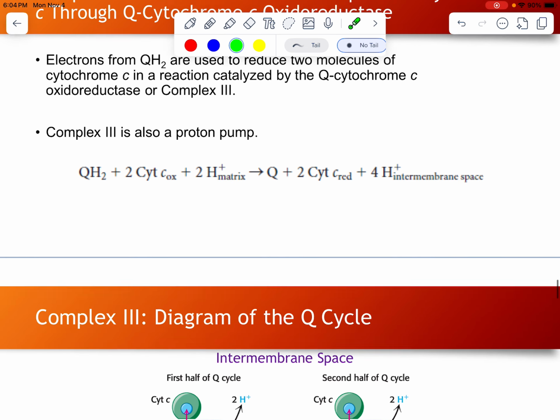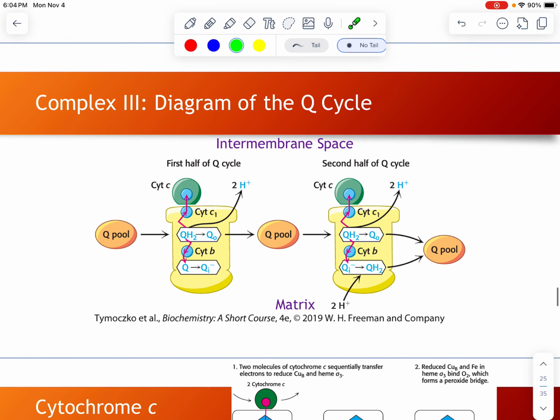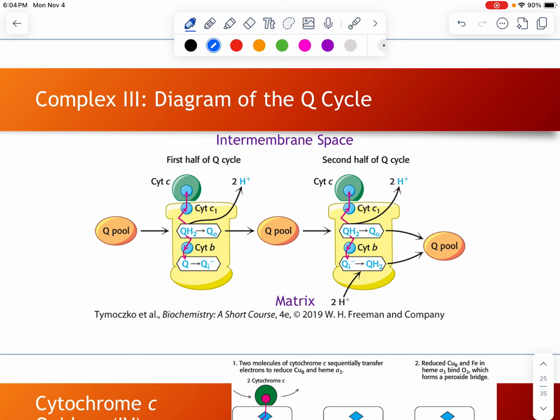All right, let's look a little bit at how this would happen. We have what they're calling the Q-pool. It's just a bunch of our ubiquinone. We're going to have ubiquinol, QH2, moving into that complex 3. And cytochrome C has iron, so it's Fe2+ to Fe3+.